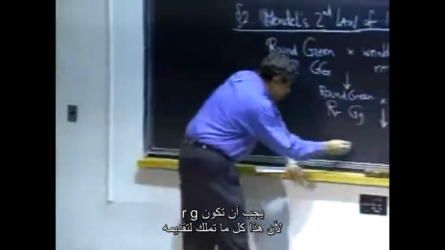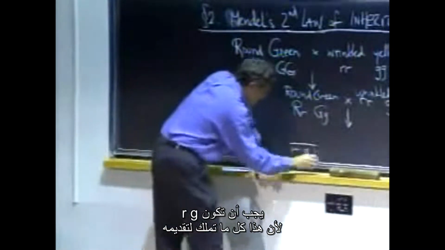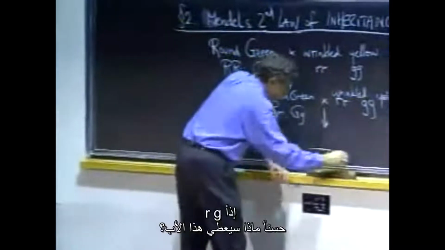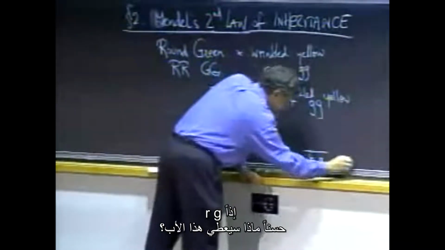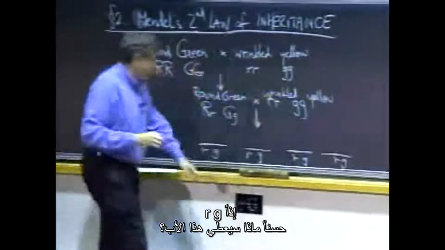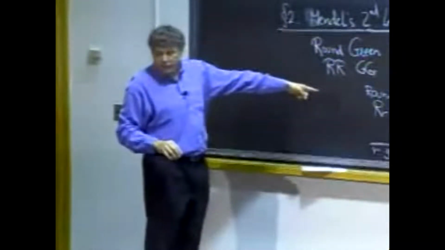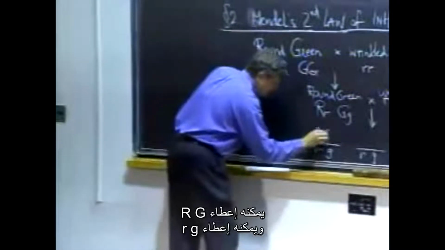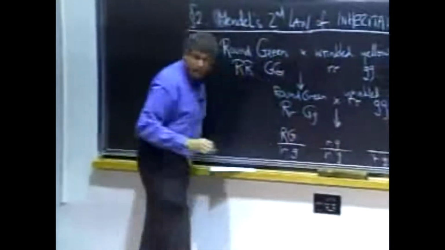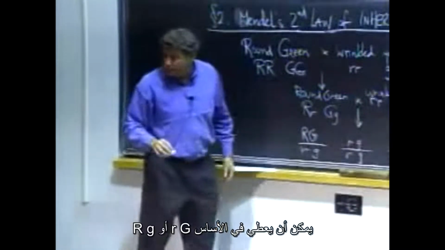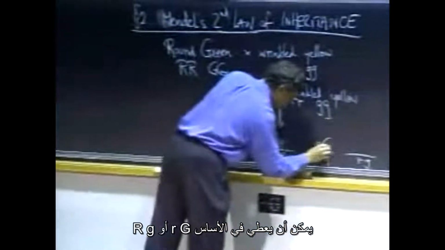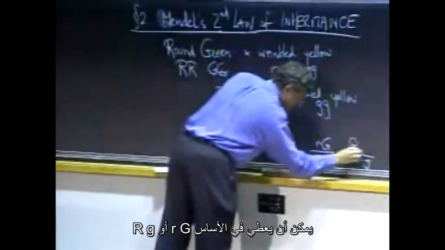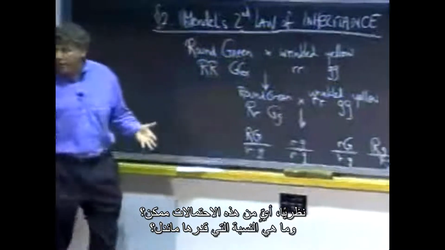They have to be little r, little g, because that's all it's got to offer. What will the other parent contribute? Could give a big R, big G. Could give a little r, little g. Could give in principle a little r, big G, or a big R, little g. In theory, any of those are possible.